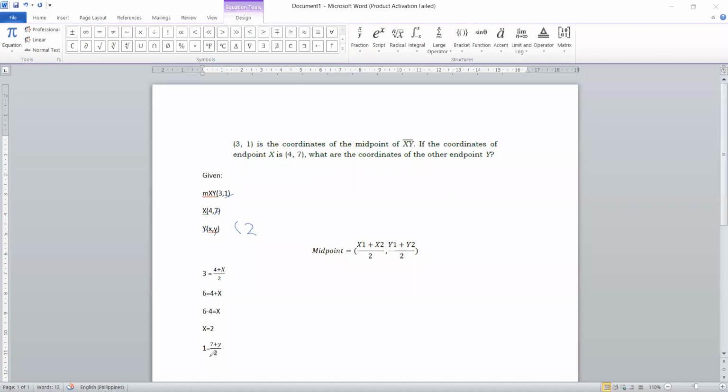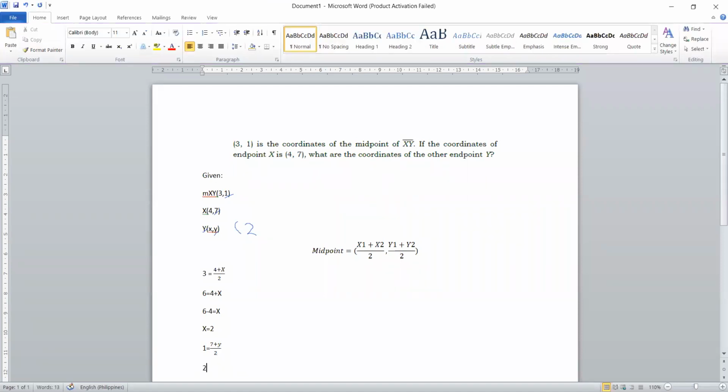You need to cross multiply first. So that's 2 times 1. 2 times 1 is 2 is equal to 7 plus y.